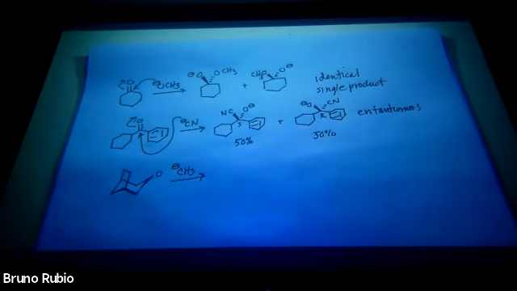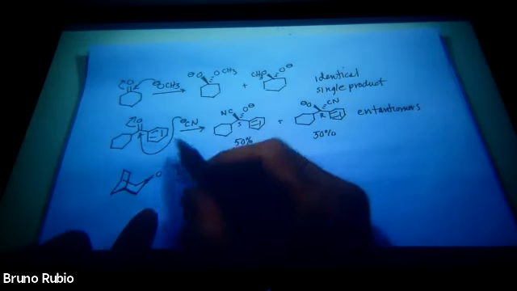And now once again, predict the products. There will be 2 of them, one with approach from the top, one with approach from the bottom. And then look at the structures and tell me whether they're identical structures, enantiomers, or diastereomers.